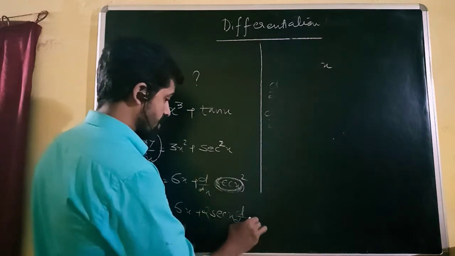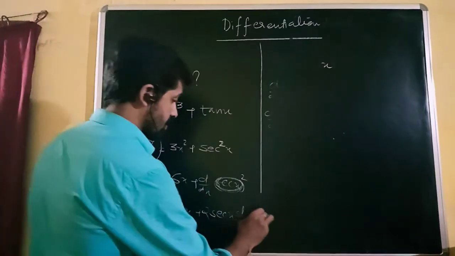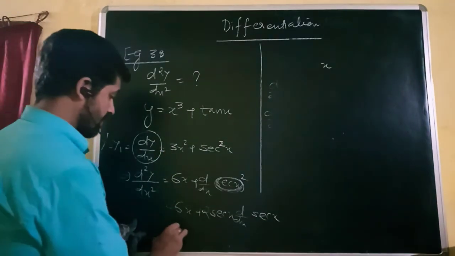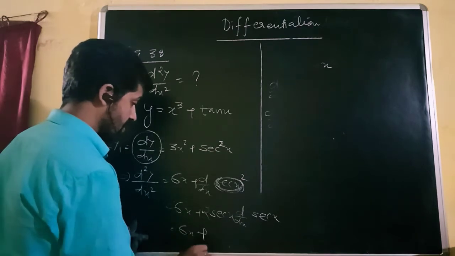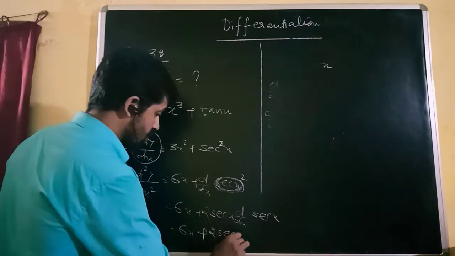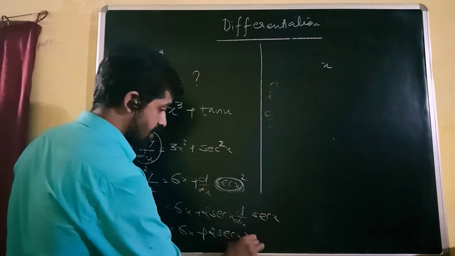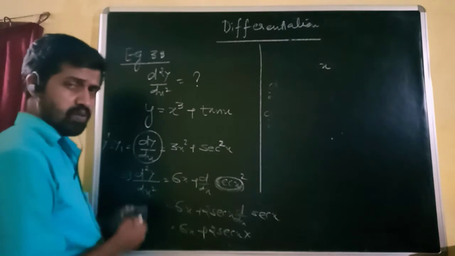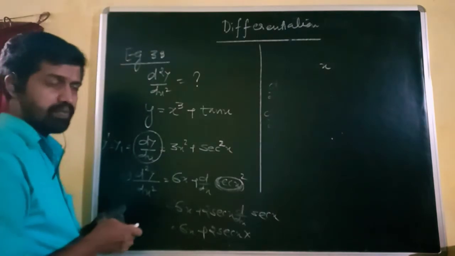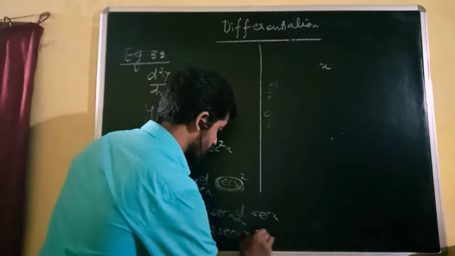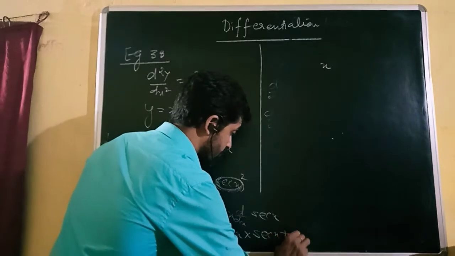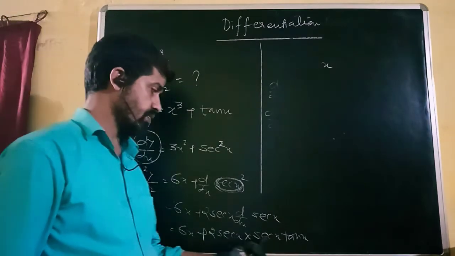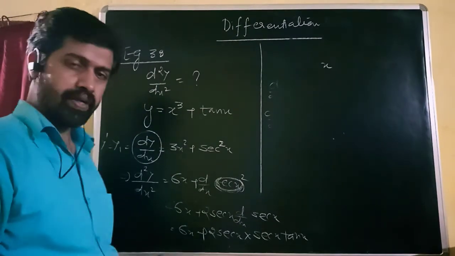So d by dx of sec x we will go for, and then we get 6x plus twice of sec x, and sec x differentiation we studied in class 11 and also in the initial parts of differentiation. So sec x differentiation is sec x into tan x, and then further we can write down twice of sec square x into tan x. So that is okay.